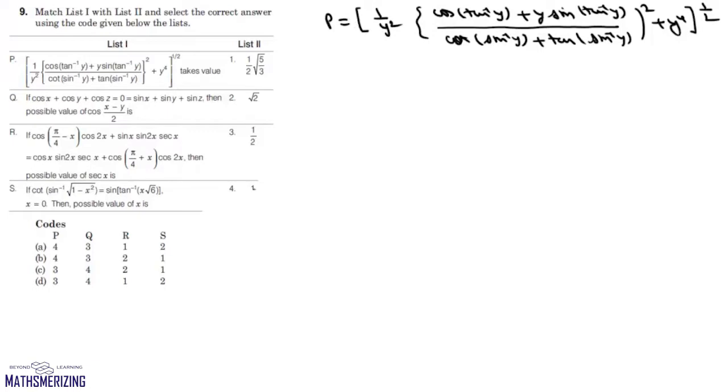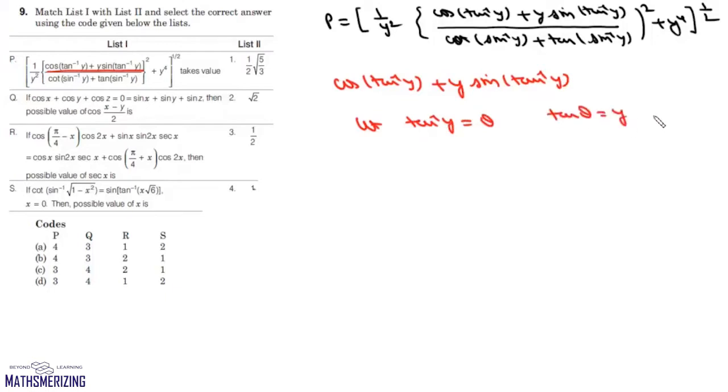Now first we'll simplify the expression in the numerator, which is cos of tan inverse y plus y sine of tan inverse of y. Here we'll let tan inverse of y be theta, so we can write tan theta equals y. So we'll draw a right angle triangle. This is y, this is 1, and this is under root of 1 plus y square.